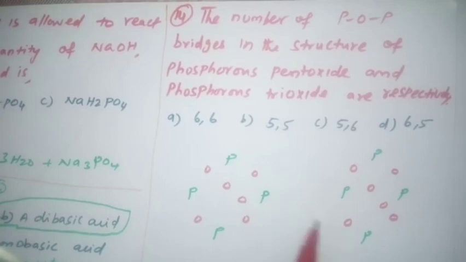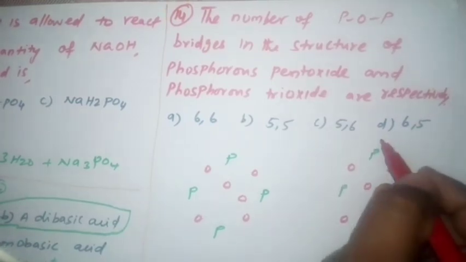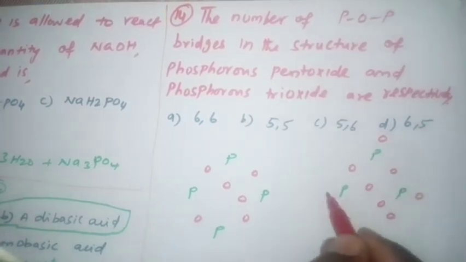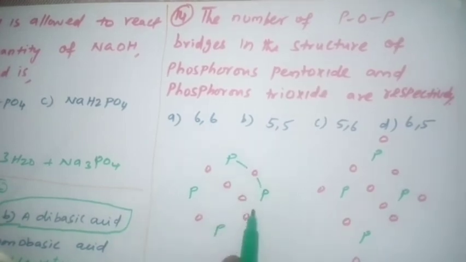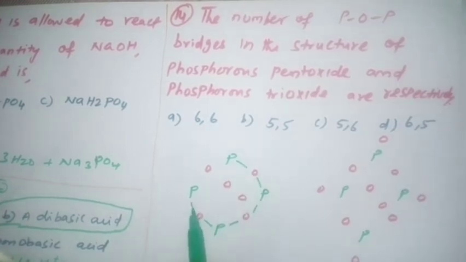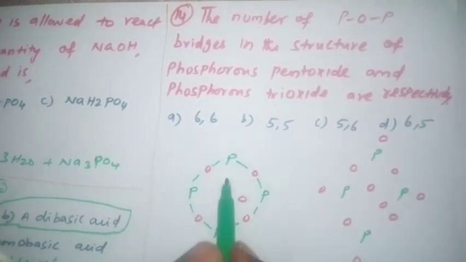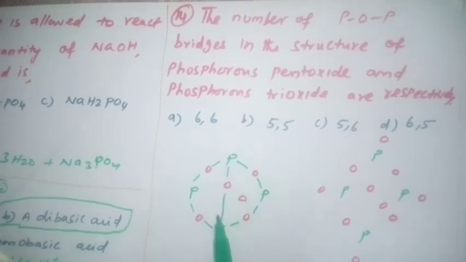For phosphorus pentoxide, that is P4O10, here I am writing 1 2 3 4. Now draw the bridges. 1 here, between these 2 one bridge, and between these 2 another bridge.